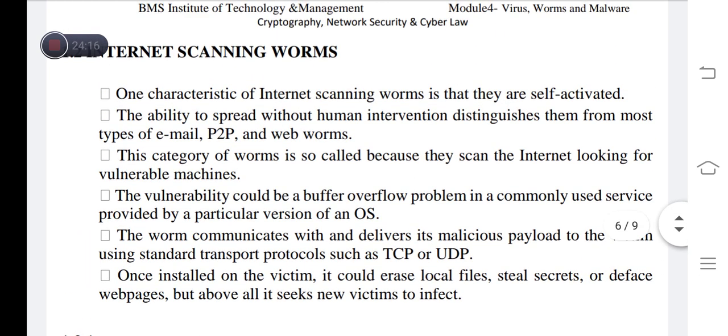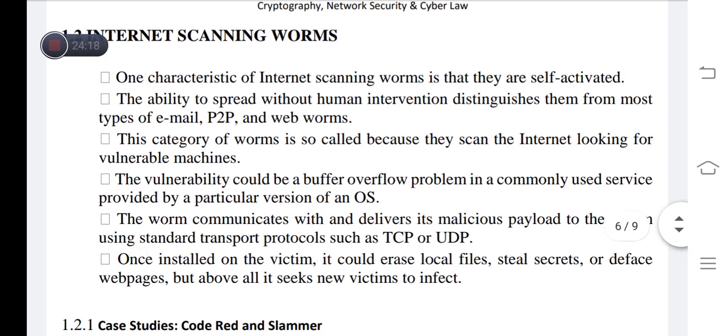One of the characteristics of the internet scanning worm is that they are self-activated, with the ability to spread without human intervention. This category of worm is so called because they scan the internet looking for vulnerable machines, so they can target those vulnerable machines.